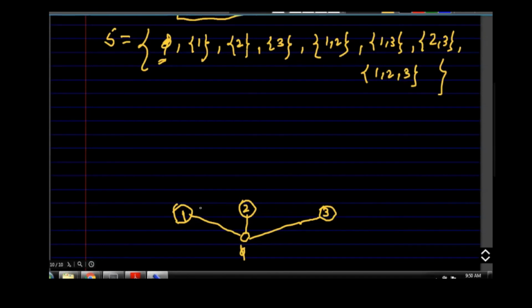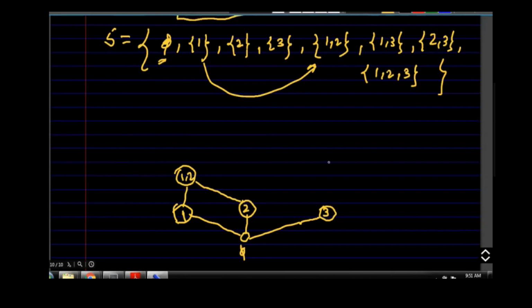Now let us try to write the common element between this 1 and 2. So this 1 is a subset of this set. Am I right? So this we will write as 1, 2. Similarly, this 2 is also a subset of this, so we will draw this edge as 2 is also a subset of this.